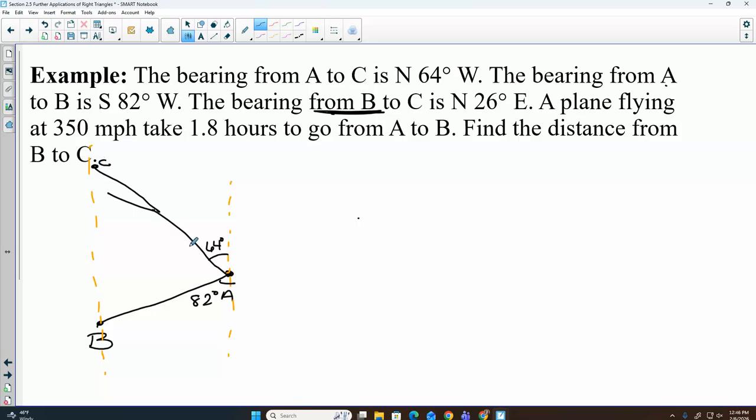Is that a big deal? No, we just fix it by shortening our line. We know that C has to be to the east of B. So just adjust the length of that line if it's not to the east. Okay, it was just kind of luck that mine turned out to be. If yours isn't, just shorten your line. So this angle is 26 degrees.